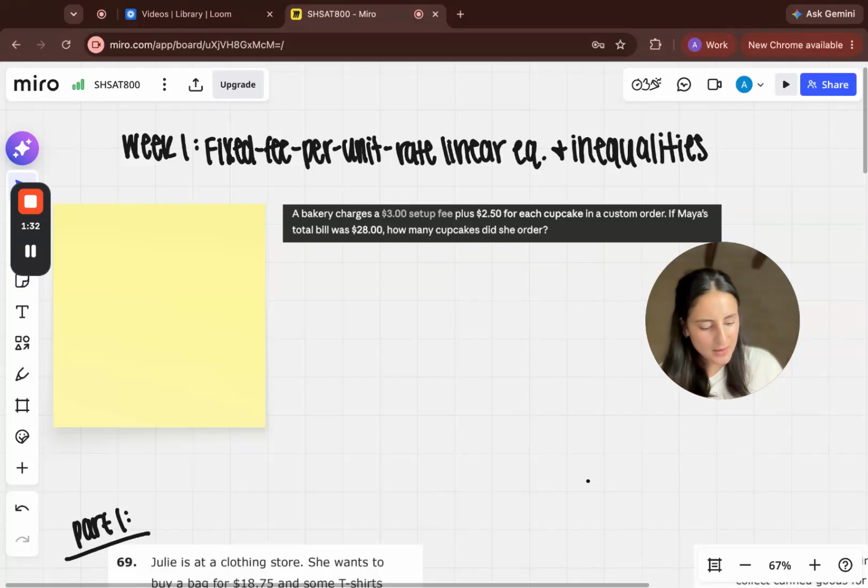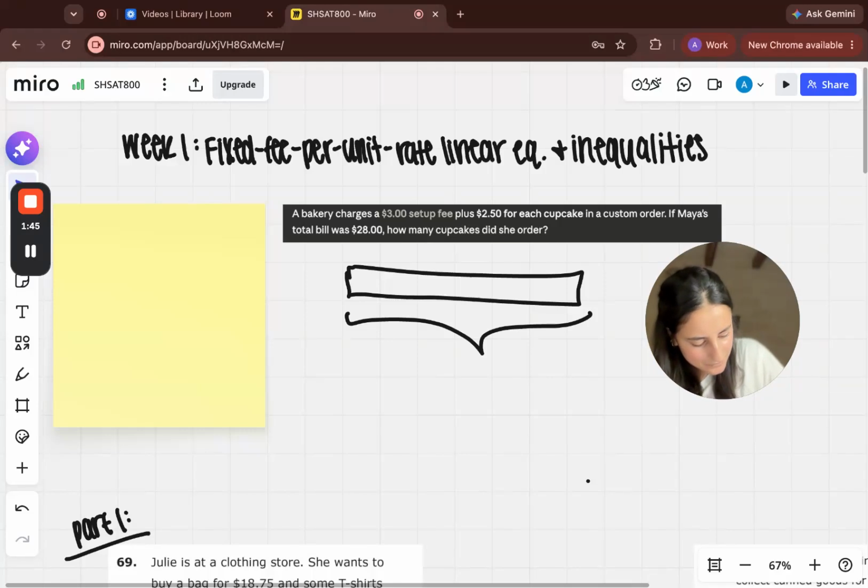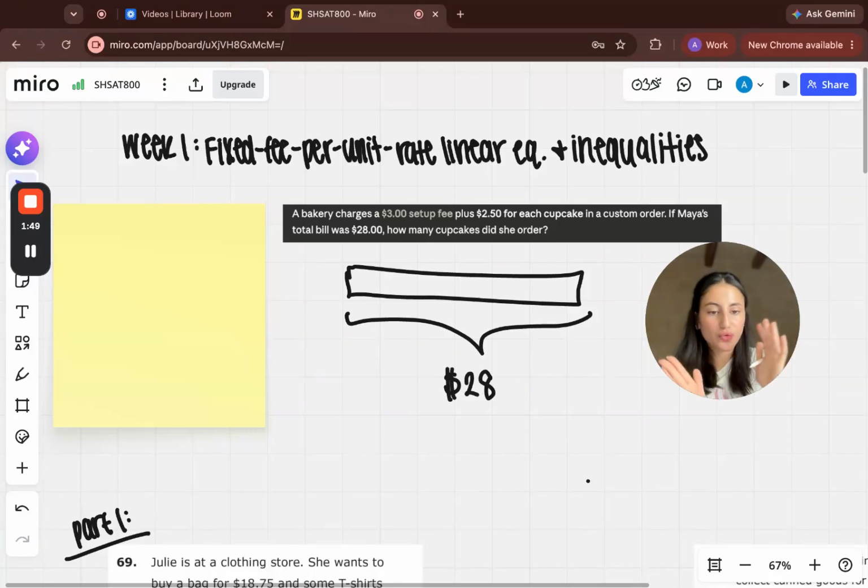So I'm going to start by setting up a bar diagram so you can get a better idea of how I'm visualizing this. So right now we know that the total bill costs $20 here. And there's a $3 setup fee.